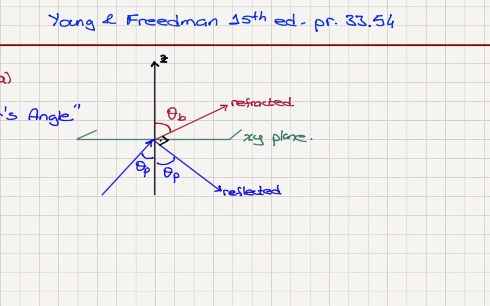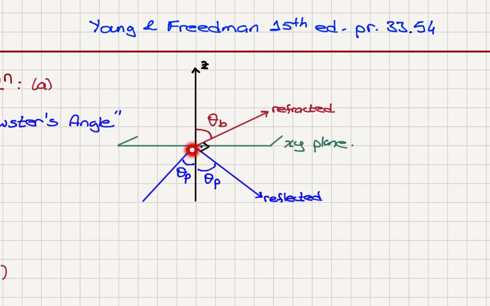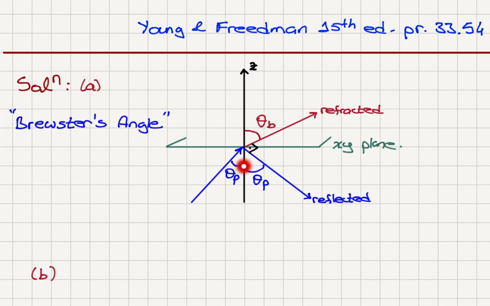So, when a light beam is incident at an interface at the polarizing angle, the reflected and the refracted beam make a 90-degree angle. So this is basically the xy plane, and this light beam is incident on the xy plane here, and it's propagating along the z axis.